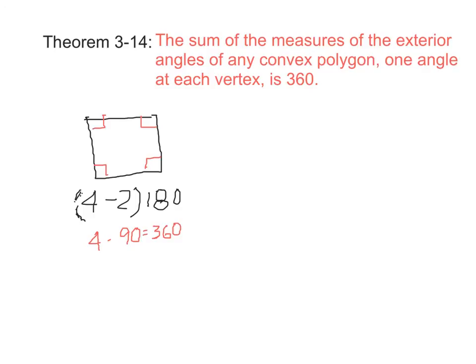All right, let's look at a different figure. Let's look at a hexagon, and this is going to be a regular hexagon. So we've got one side, 2, 3, 4, 5, 6. Now the sum of the interior angles is going to be 6 minus 2 times 180.